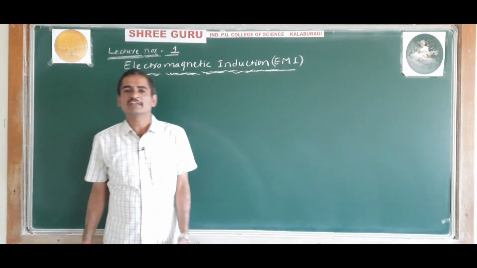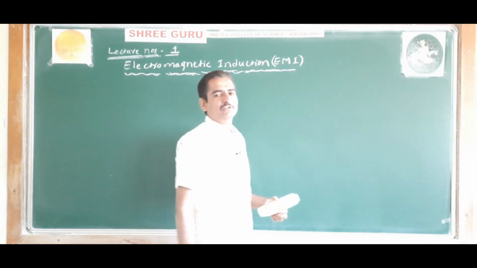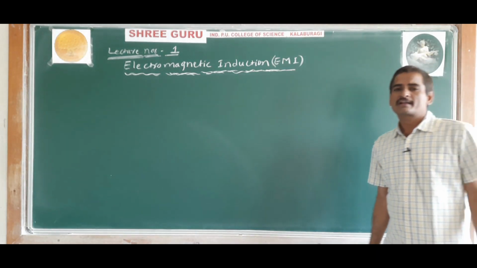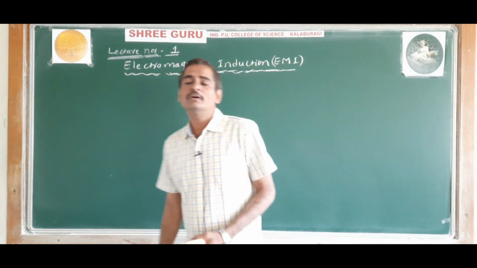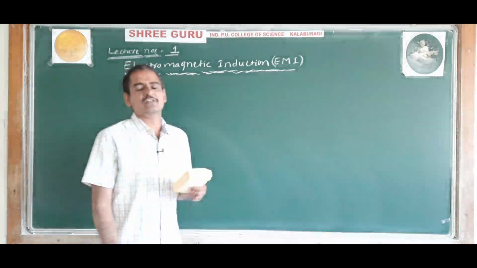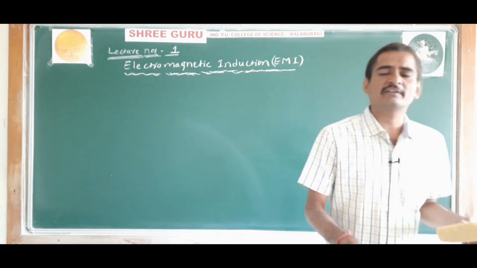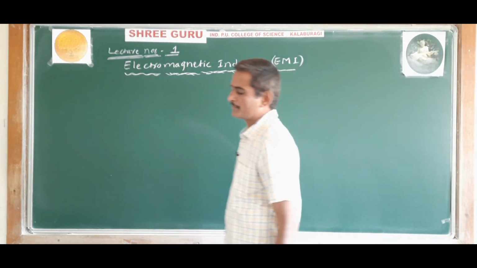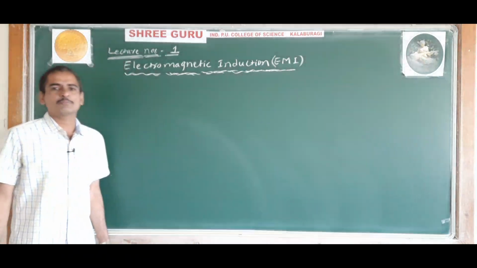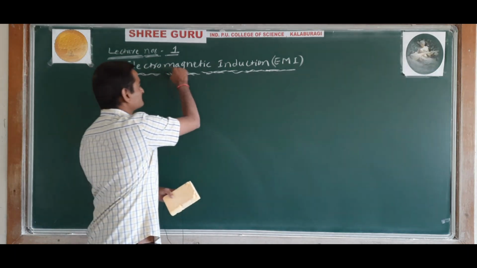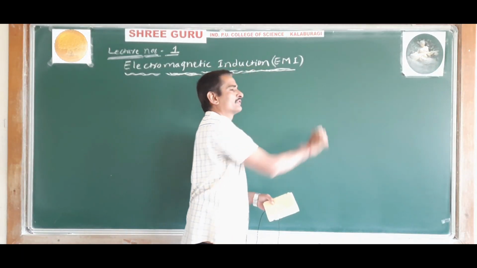Once again, the changing magnetic flux through a conductor or a circuit induces an EMF, and this induces an electric current. This phenomenon is called electromagnetic induction. Understood? It was discovered by Michael Faraday and Joseph Henry.